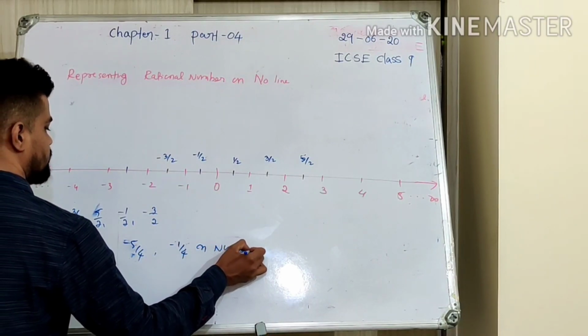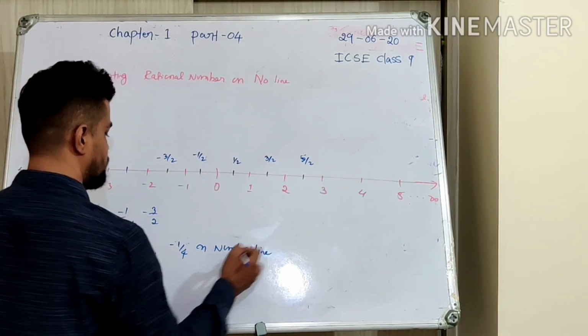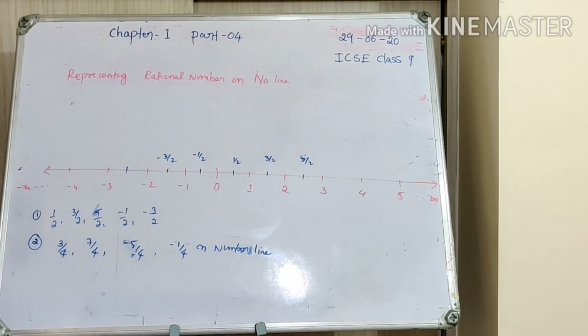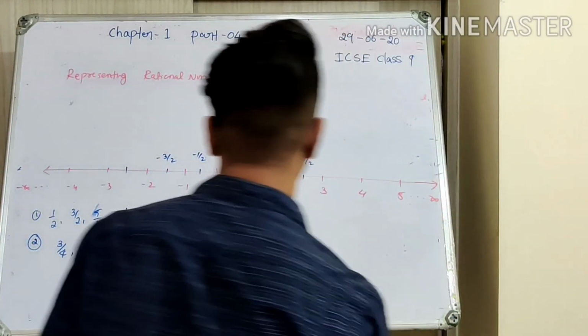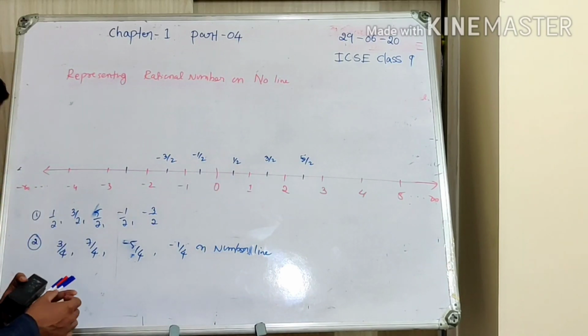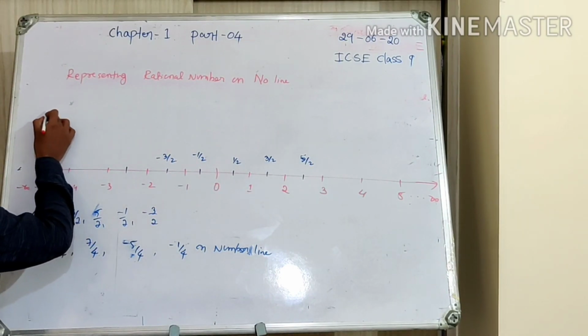So we are still talking about the fractions, okay, on the number line. So now what is the denominator we have? We have 4 in the denominator. So what will you do? When you have 2 in the denominator, you divide the number line into 2 equal parts. Now we are going to go for dividing the number line into 4 equal parts, okay.